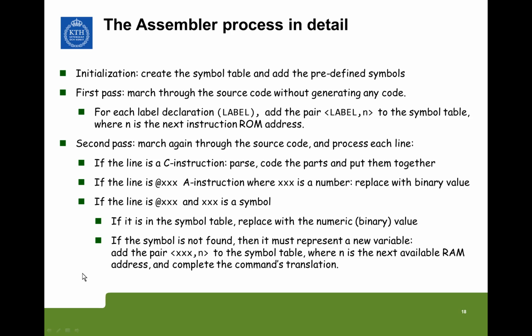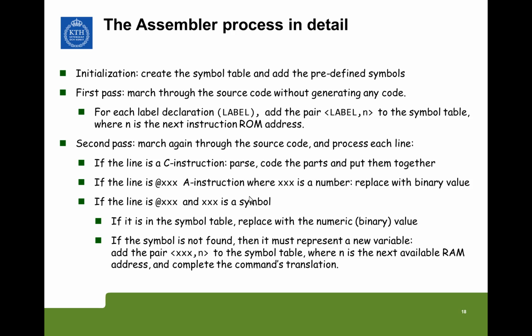Then in the second pass we process the assembly code line by line. If it is a C instruction, we parse the instruction, code the parts, put them together and write to the output file. If it is an A instruction, where XXX is simply a number, then we simply replace it with a binary value.